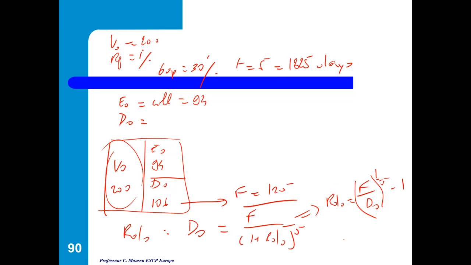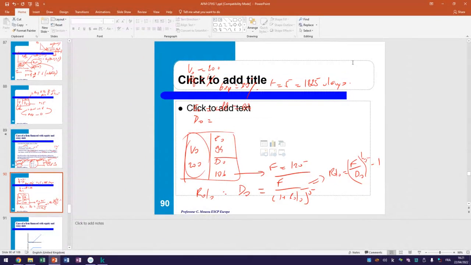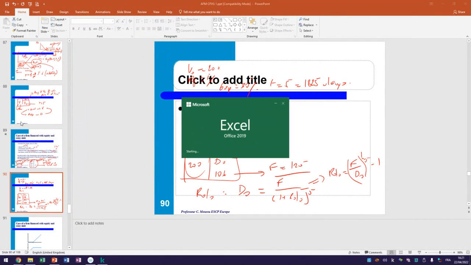Okay, so if we apply this to the case here, I'm just going to open Excel.